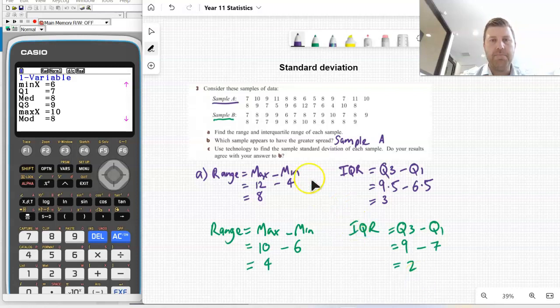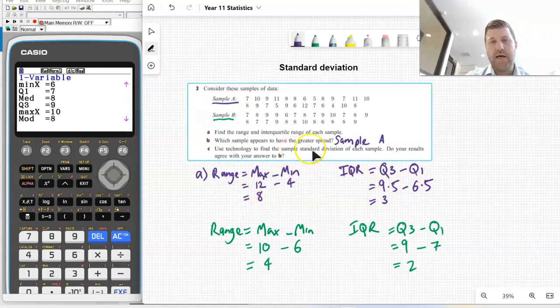Now, range and interquartile range are good, but they're really only using two values each. The range obviously uses the maximum and minimum value. The interquartile range uses the Q3 and Q1 values. So actually a more preferred way to measure spread is using the standard deviation, because it looks at the deviation from the mean of each value.